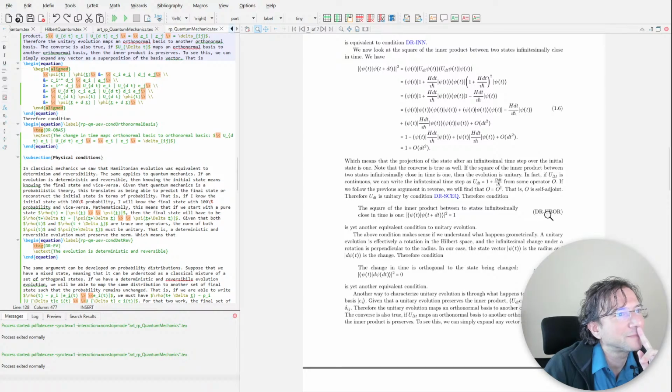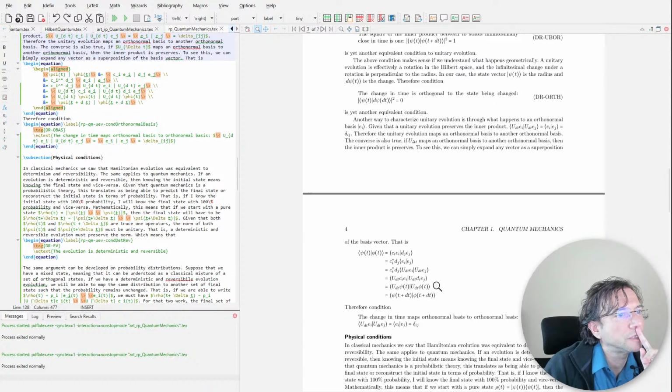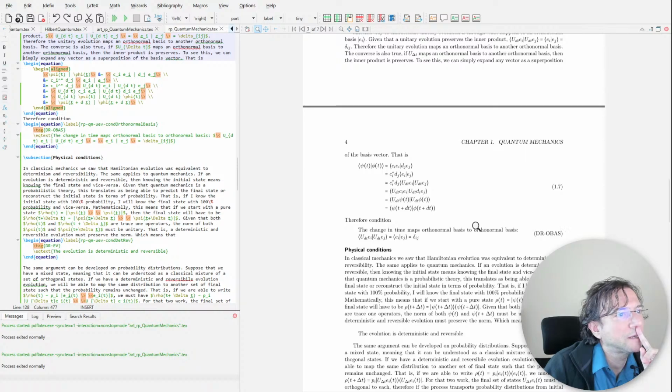It's like probability 1 to measure the next one, and the change is orthogonal to the initial one, and it maps orthonormal basis to orthonormal basis.